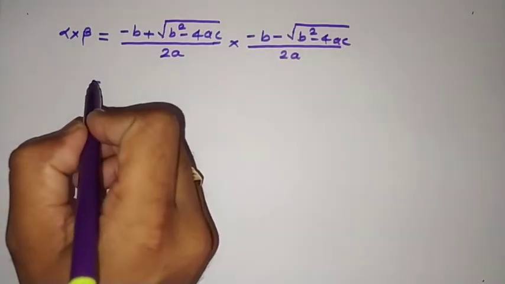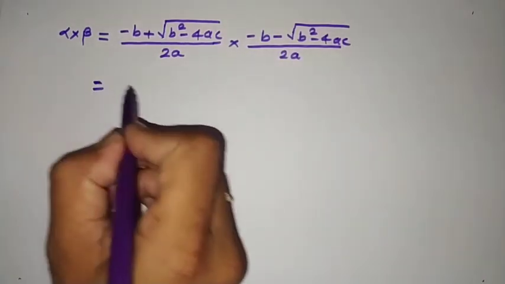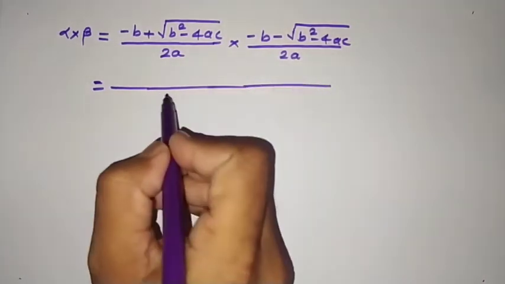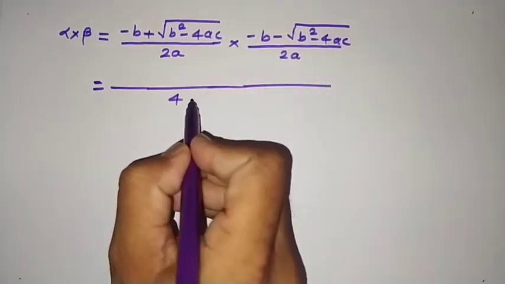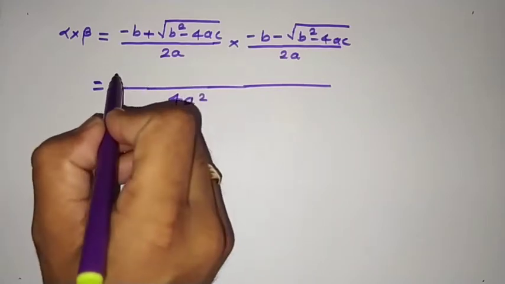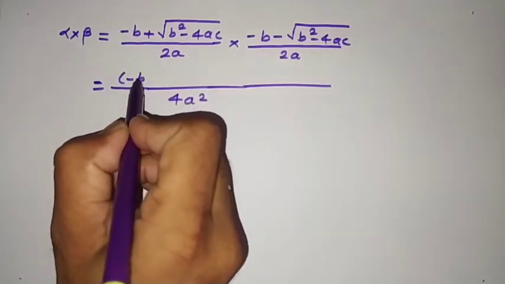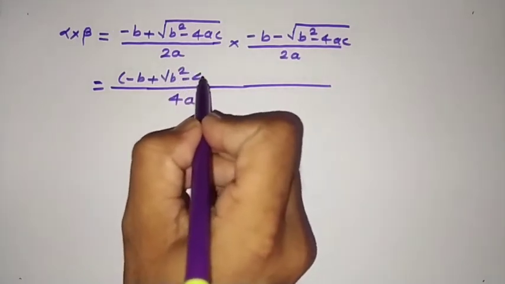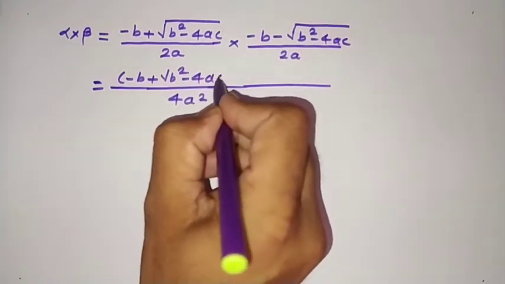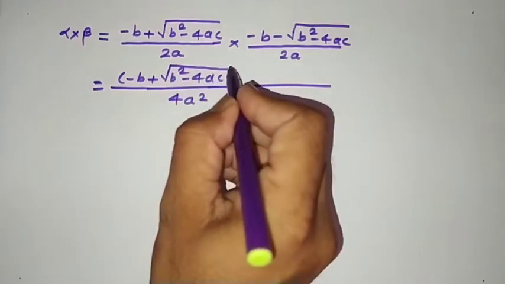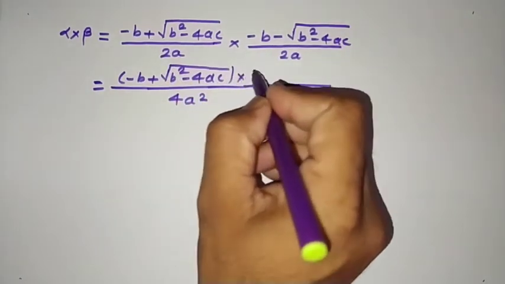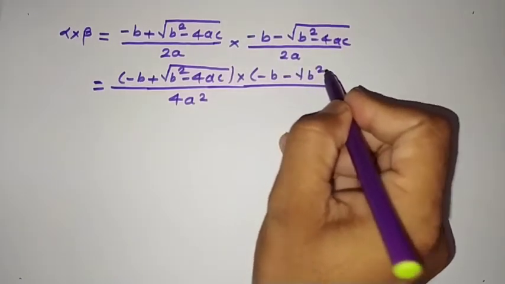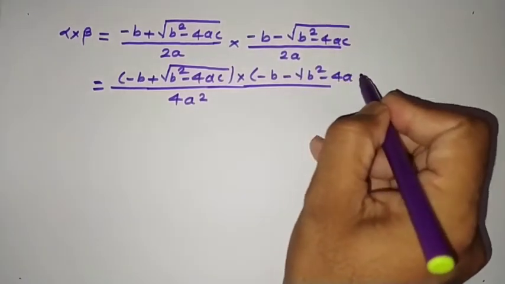The multiplication of the denominator is 2 into 2, 4a square. The numerator is minus b plus square root of b square minus 4ac into minus b minus square root of b square minus 4ac.